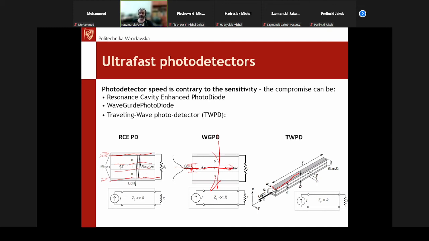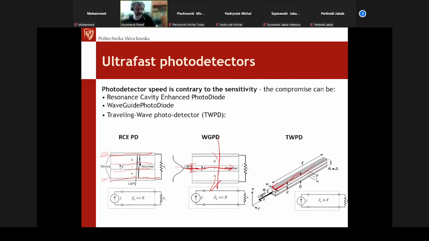So we have a waveguide for the light beam in this intrinsic semiconductor, but we are also creating a waveguide structure for the electrical signal, just to have impedance matching between our photodetector and the other parts of our circuit.